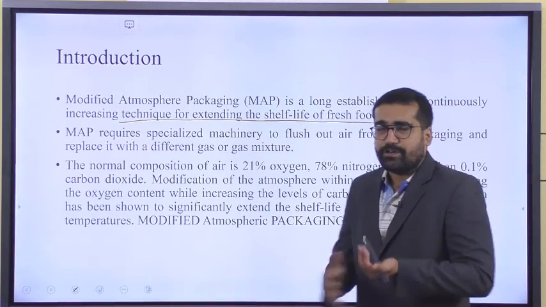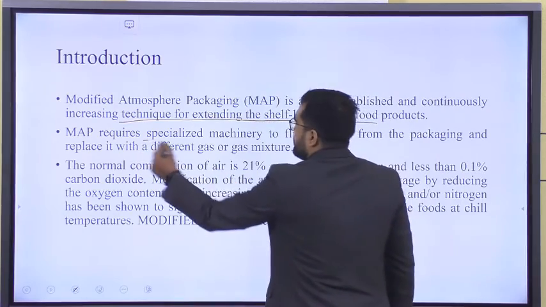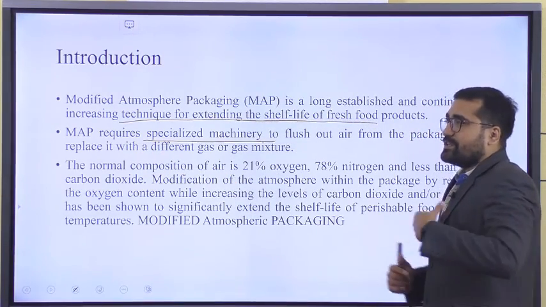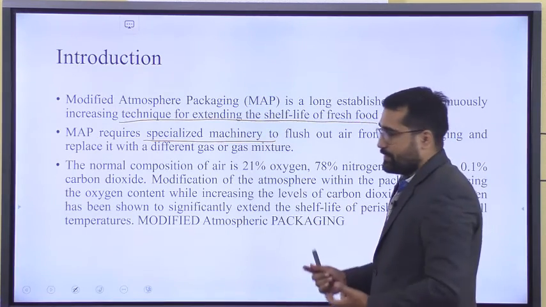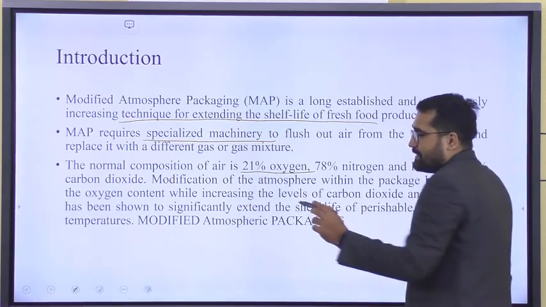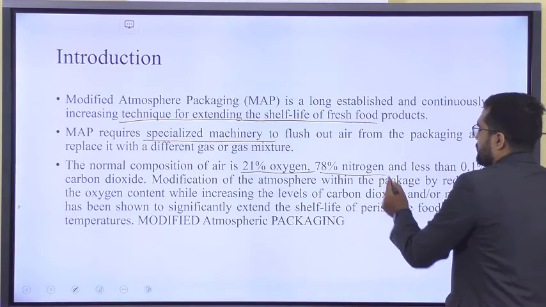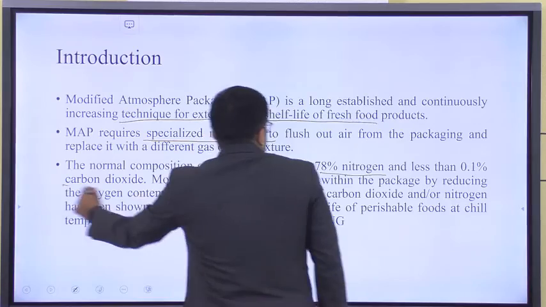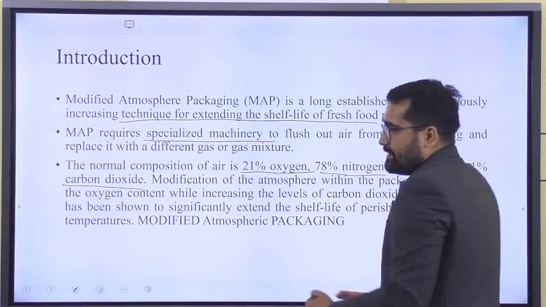There are different components of MAP. MAP is done with specialized machinery, and we have to change the inside composition of the packet. Normally, the atmosphere contains 21% oxygen, 78% nitrogen, and the remaining are other gases, in which carbon dioxide is the highest at 0.1%.